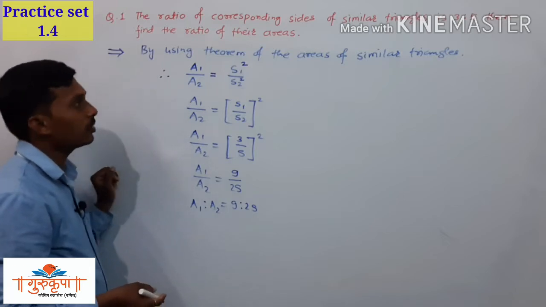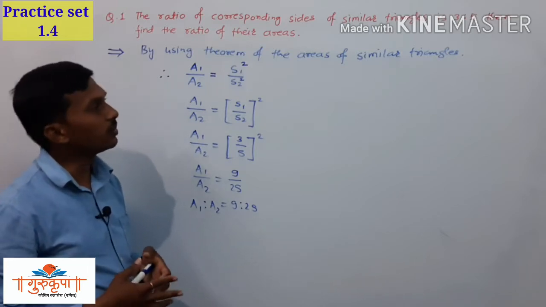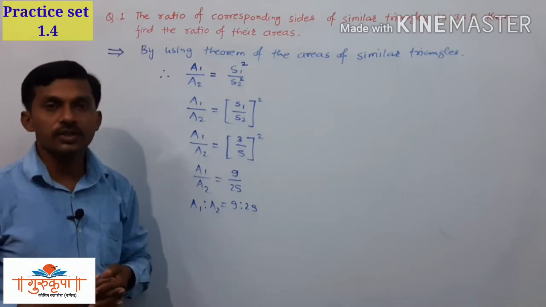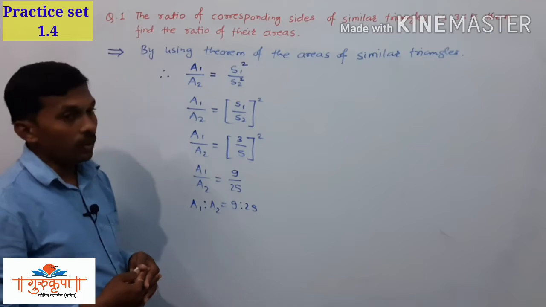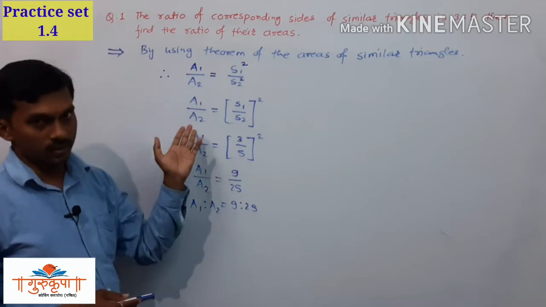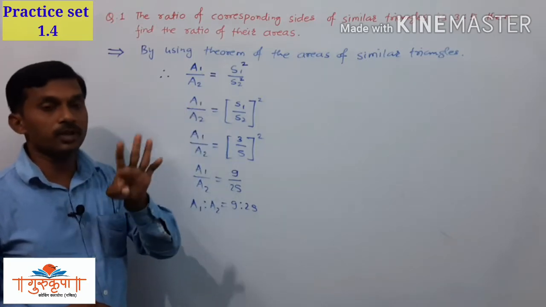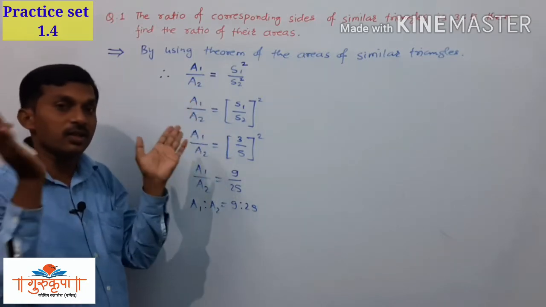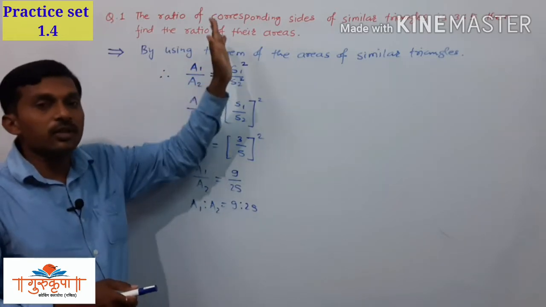So this is all about the first question from practice set 1.4. It is too easy, as all of you know. We just have to take care that we studied four properties in this lesson. At the beginning of this lesson we studied four properties, but at that time the triangles were not similar to each other, and here the triangles are similar to each other.